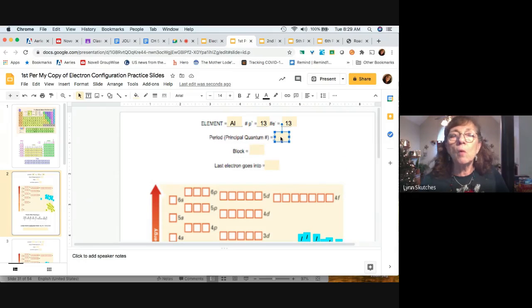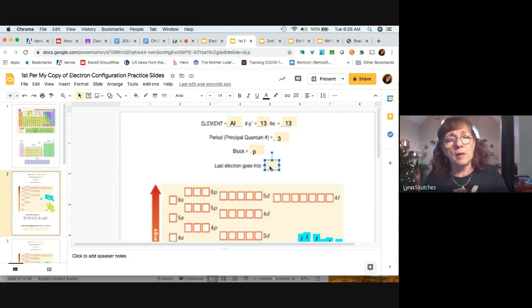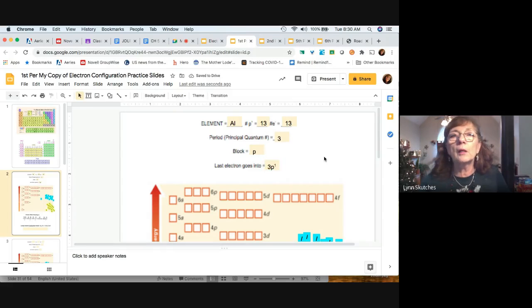Its principal quantum number is 3. Its block is P. Where does its last electron go? It's also in the first column of that block. So the last electron is going to go 3p, and do control period. Mine is command on my Mac, but I think it's control period. And put a 1, and then hit control period again.